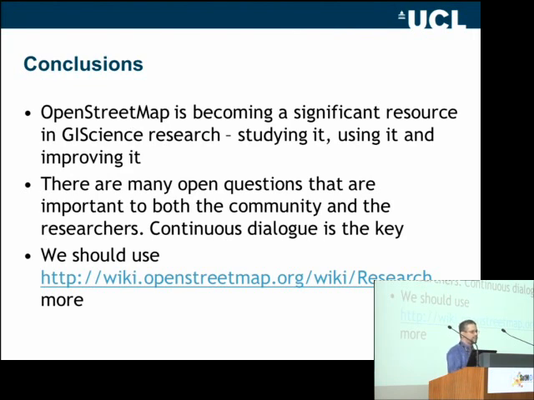You can't draw conclusions about one from studying the other, and you can't do this across Wikimapia and lots of other sources of geographical information, but it does happen. So there are issues, but people are studying it, using it, improving it. There are very many important questions, and I think it will be useful for both sides, the researchers and the OSM community, to look after the research area in the wiki, develop it and use it much more. So thank you very much.